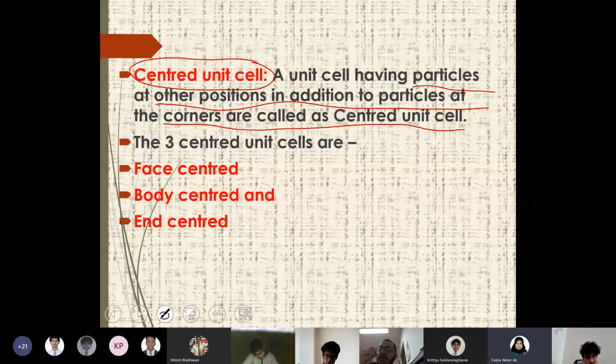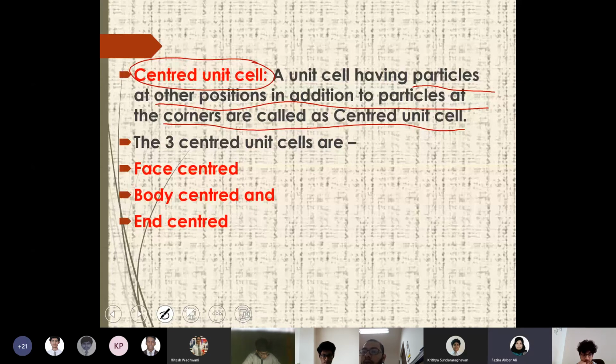So I'll repeat. Till yesterday we discussed the different possibilities of unit cells in terms of their geometry. Today we're going to discuss how the particles can be arranged in the unit cell. Based on that, there are 2 types of unit cell arrangement: primitive or simple cubic, and centered. A simple cubic unit cell means particles are arranged at all 8 corners of a cube. That is a very basic arrangement.